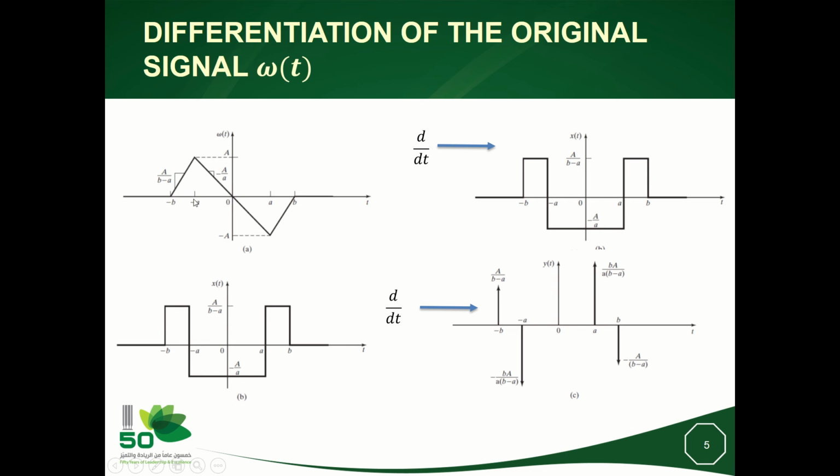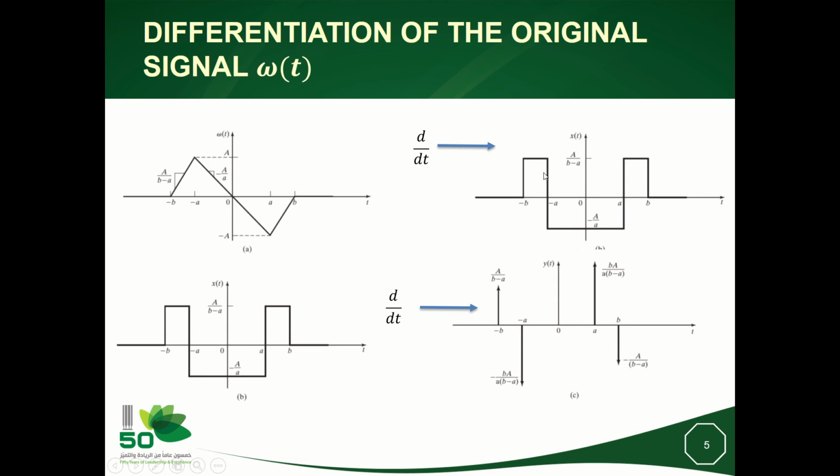Until I arrive here, I differentiate a line, and this line has a negative slope. So what is this slope? It is this divided by this multiplied by minus 1, so it is capital A divided by lowercase a.